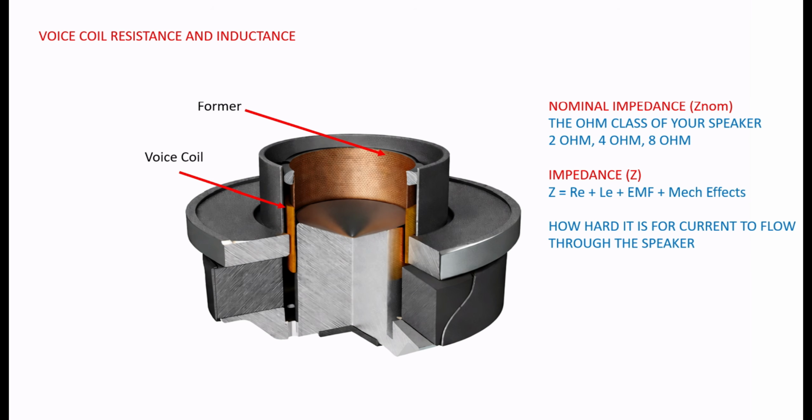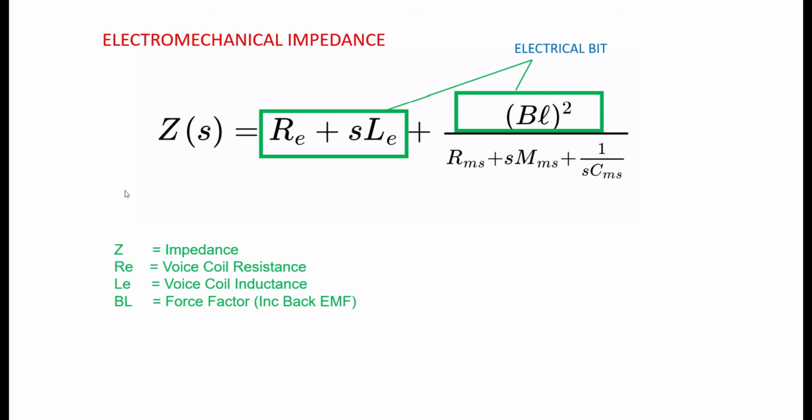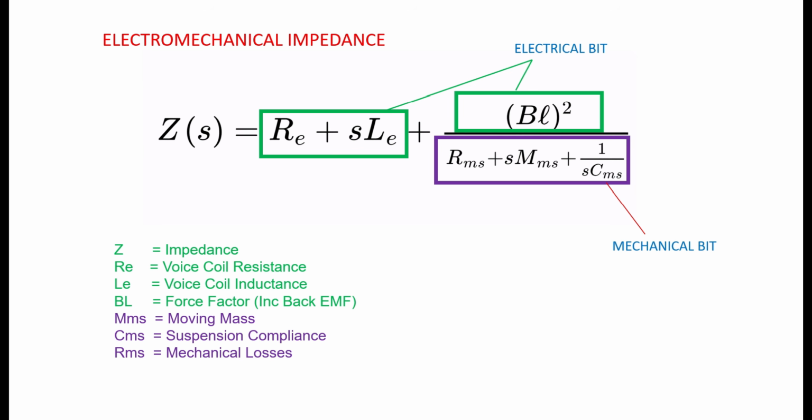But it gets a little complicated. I'm sorry, this looks like a super scary formula, but I promise it's not as scary as it looks. So impedance, or Z, is made up of a bunch of things, right? It's made up of electrical bits. So these are the electrical resistances that contribute to impedance or resistance. And then the bottom here is the mechanical bits, right?